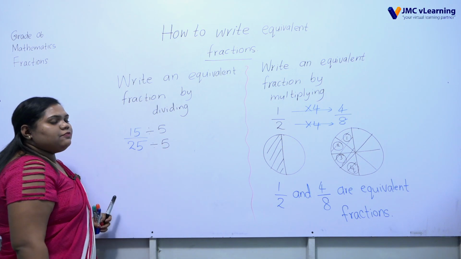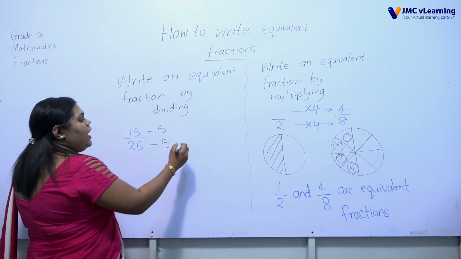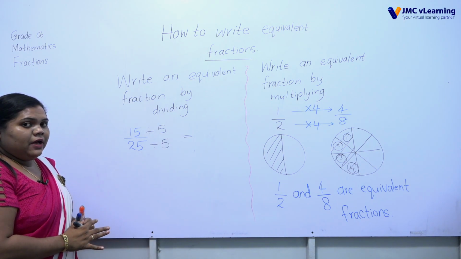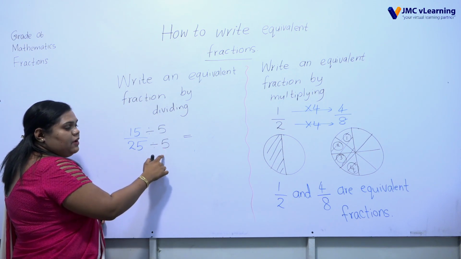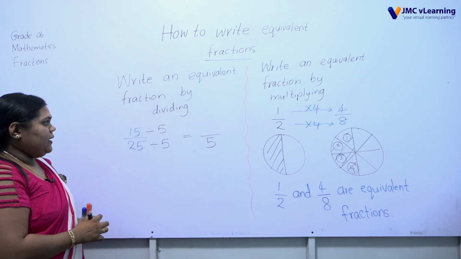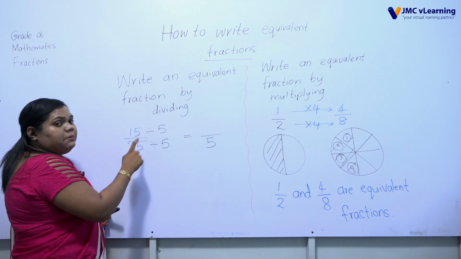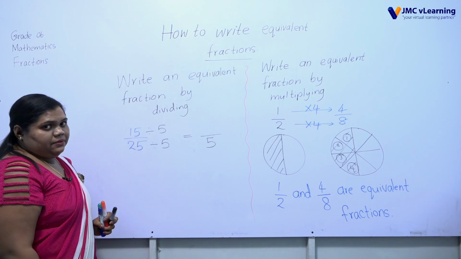Now 25 divided by 5. How many 5s in 25? 5 5s are there. It means 25 divided by 5, the answer is 5. Then you want to divide 15 by 5.